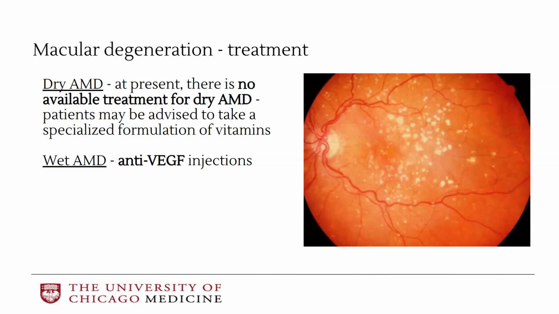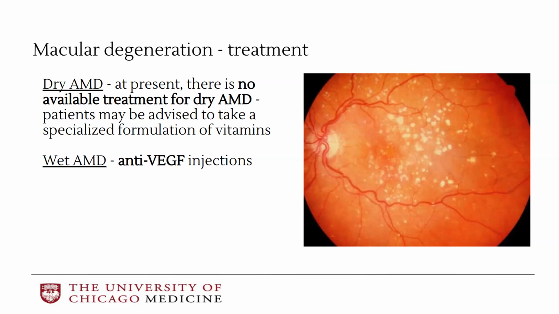For wet AMD, there is a treatment. So that's the good news. Even though wet AMD you might consider to be in some ways more severe because there is bleeding, there are actually injections that can be delivered to the eye that can take away some of that fluid.